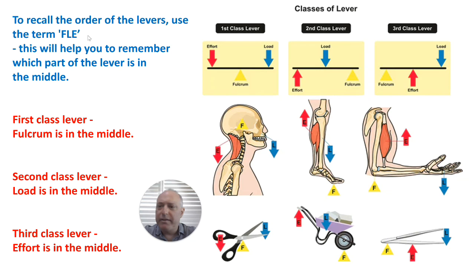And third class lever, the effort, is in the middle. And so FLE: fulcrum in the middle for nodding your head, first class. Second class, the load is in the middle, as in standing on your tippy toes. And third class lever, the effort, is in the middle, as in curling or using your biceps. FLE: fulcrum, load, effort. First, second, and third class levers.